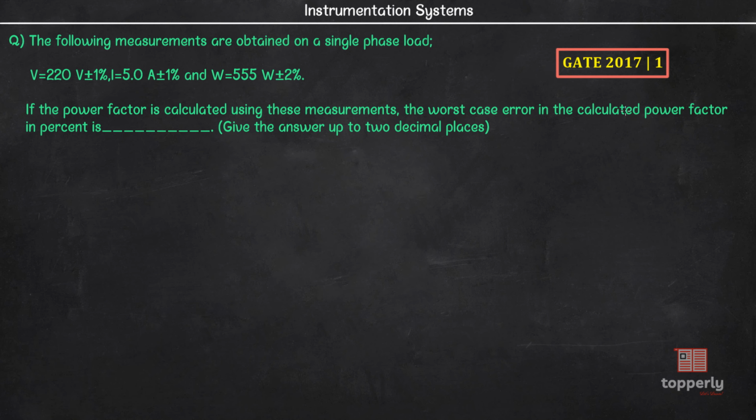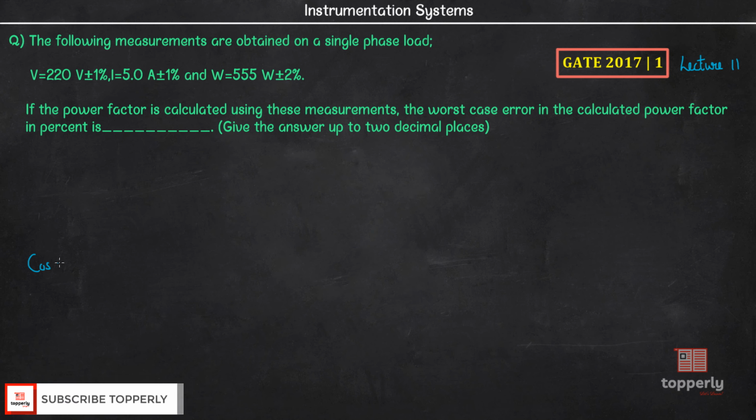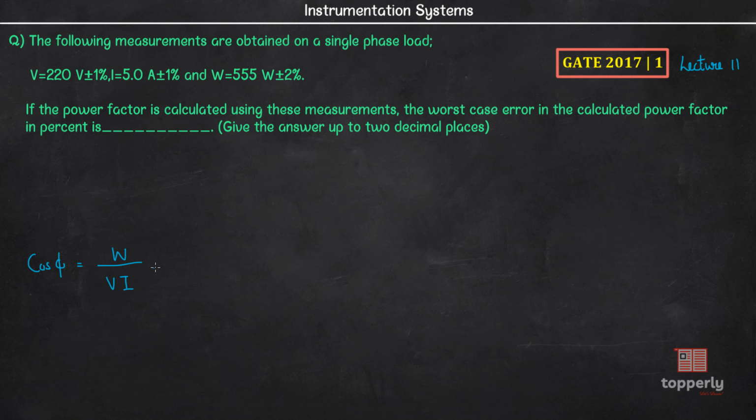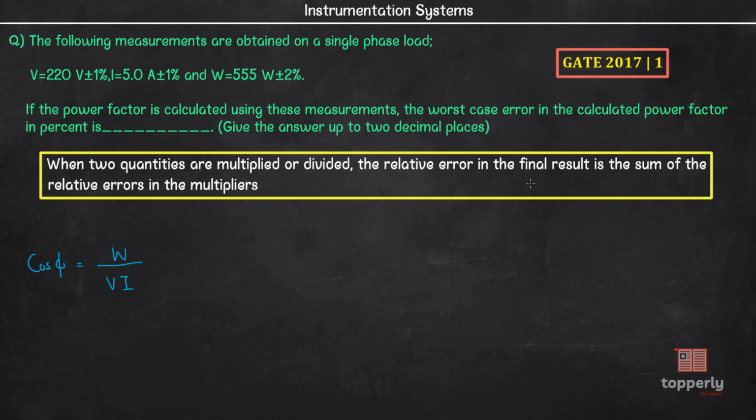Now the theory for this question is already given in lecture number 11. So please check that out if you encounter any doubts. Okay, so we know that power factor cos phi is equal to power by voltage into current. We have to find the percentage error in power factor cos phi, and we learned that when it comes to multiplication or division, the total relative error in the final result is the sum of the relative errors in the multipliers.